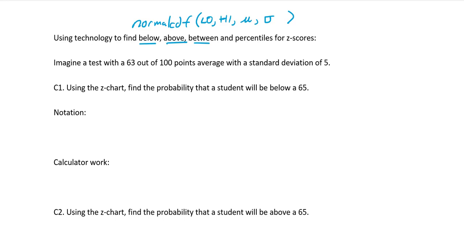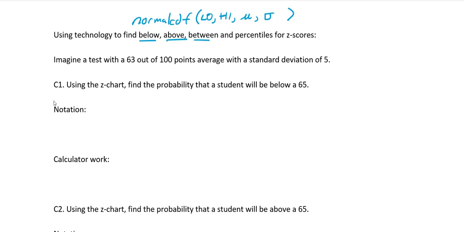So let's go back to that first example. Imagine a test with a 63 out of 100 point average with a standard deviation of 5. Okay, so what this is telling me is that we're looking for x values, and they belong to the normal distribution, and our average is 63, give or take 5 points.